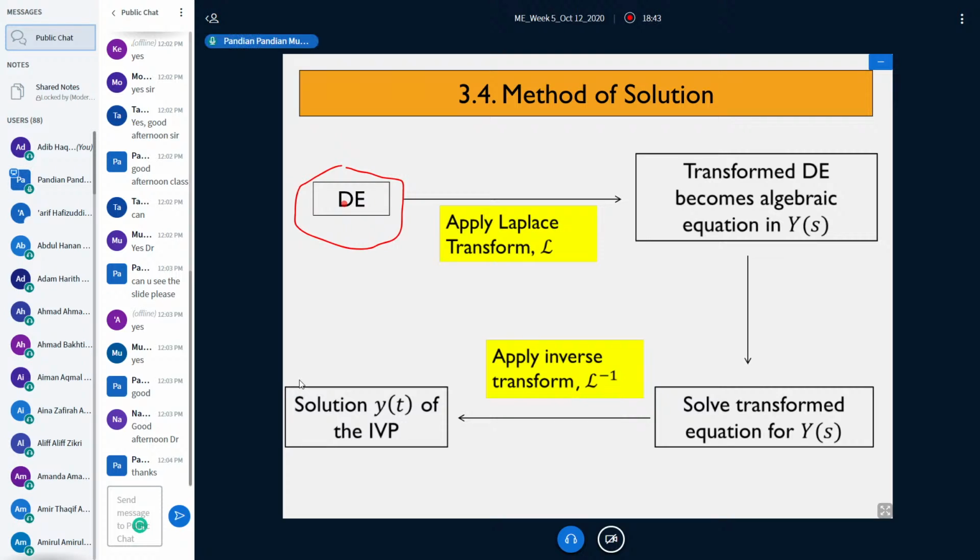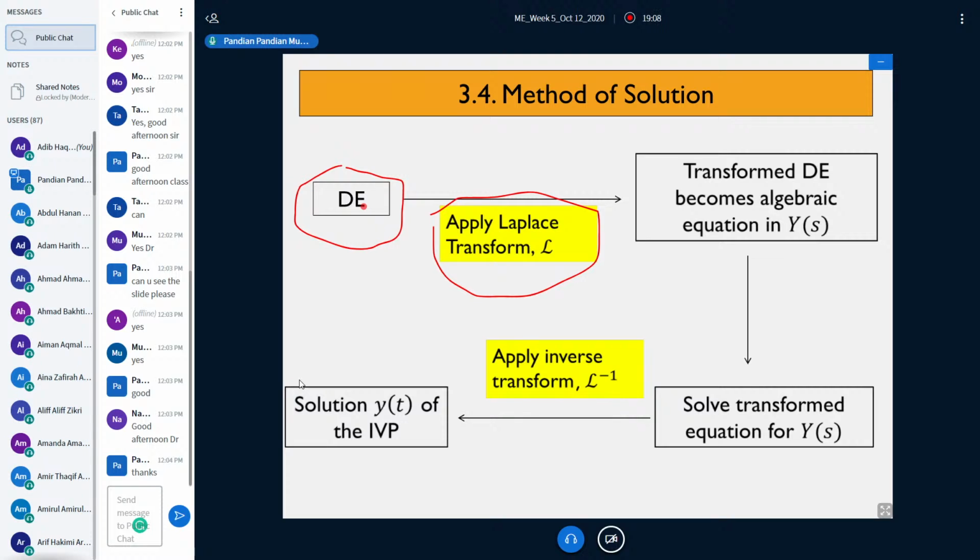So basically, this method is very suitable to solve constant coefficient linear differential equations. So the method goes like this. First, you see the yellow color box. First, we have to apply Laplace transform to the differential equation.